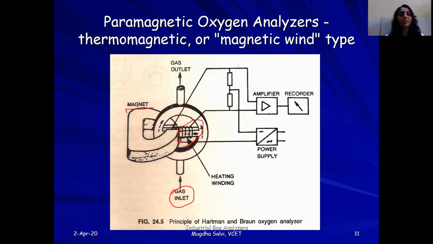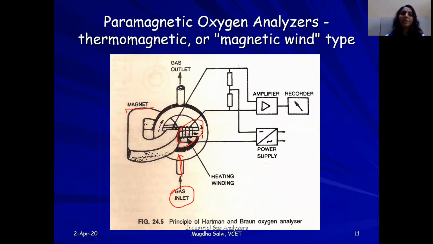Then later on, a fixed amount of oxygen is passed through this particular cell. Depending on its magnetic susceptibility, it will get attracted, and when it comes to the heated part, its magnetic susceptibility reduces, so it does not get attracted towards the magnetic field.